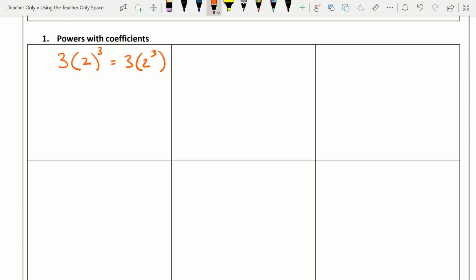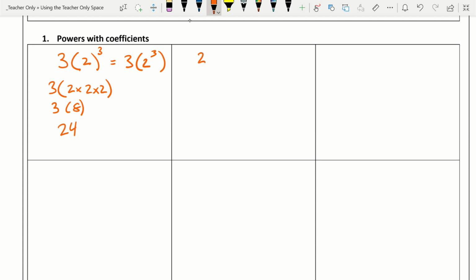If there was a negative, we wouldn't be able to do that, but we don't always need to have those brackets, as you'll see later. So 2 cubed is just repeated multiplication. So 2 times 2 times 2. And then we get 3 times 8. So 2 times 2 is 4, times 2 is 8. And then we end up with 24.